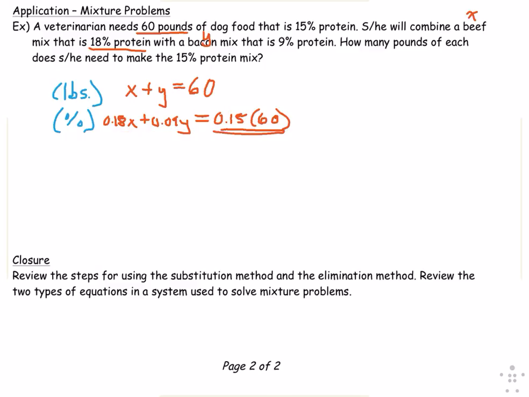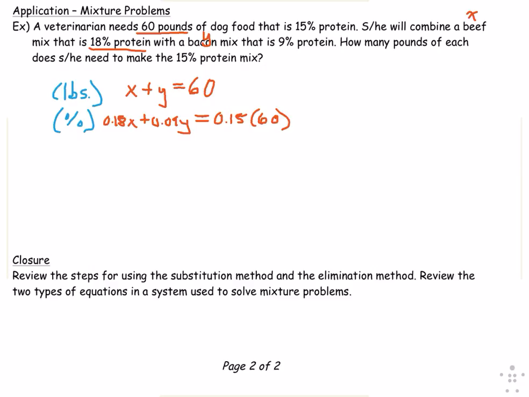Do not forget on the right-hand side of this percent equation to take a percent of the pounds, because pounds was the theme for the first one, so that's just 60 pounds. But for this one, it's all about percentages. So you must have consistent parts to be in the same equation.